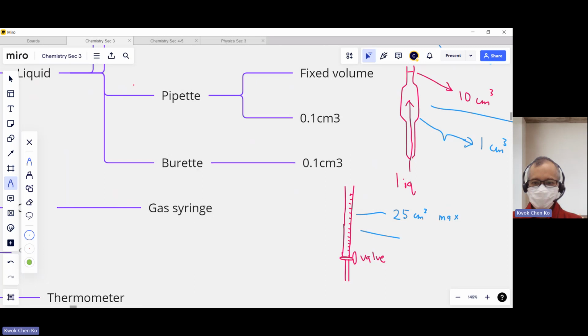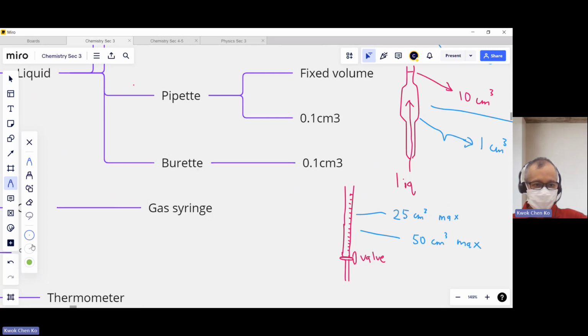There's a larger version, which is 50 cm cube. This is not so commonly seen, but still available. So take note, your volume doesn't extend forever. It doesn't go up to 1 liter or 1 dm cube. These are the only 2 typical capacities.